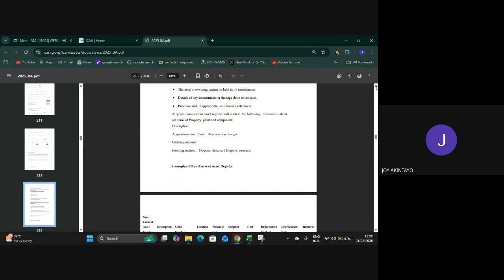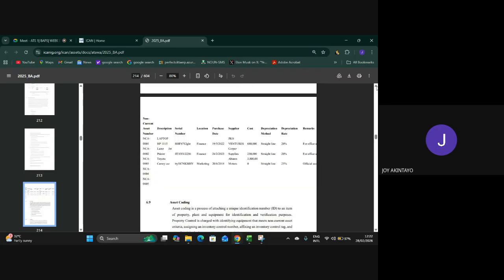Then this is the typical example of an asset register. As you can see, we have the non-current asset number or non-current asset code. You give a code to each of your non-current assets. You can base it on the name of your organization. Let's assume you are working with Food Co. You can say FCO slash NCA, that's non-current asset, slash 001.